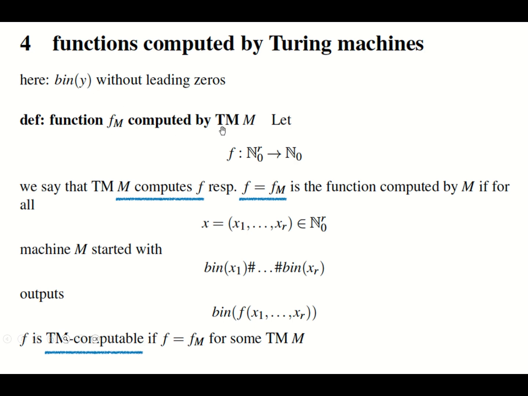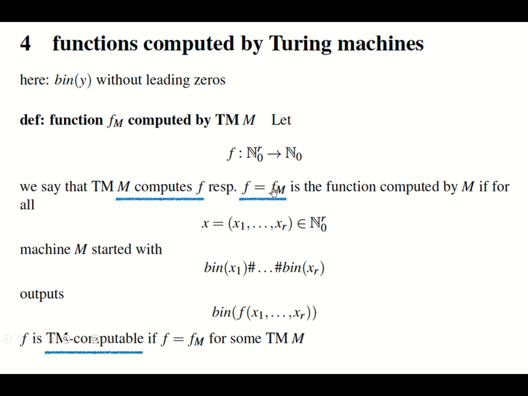So let's say I'm given a function f, so it takes r many variables and outputs one variable, so it's a general r-ary function. A function f_M computed by Turing machine M, right? This is what I want to define. So I have this function here, and we say that Turing machine M computes this function.